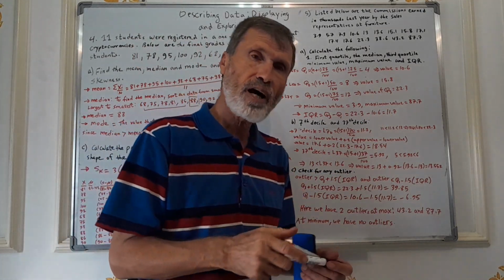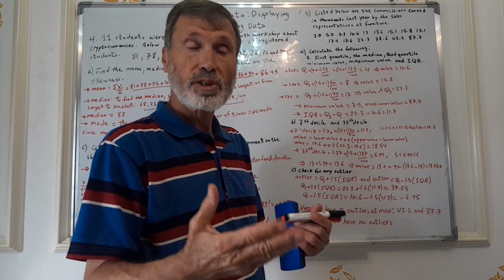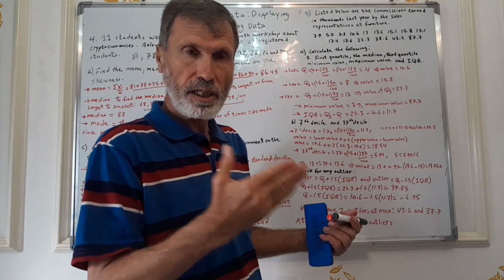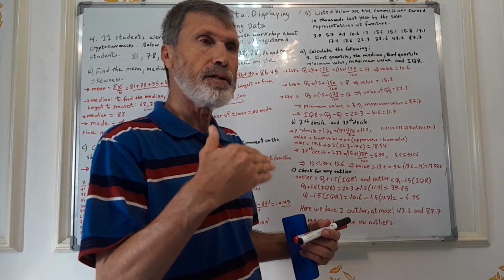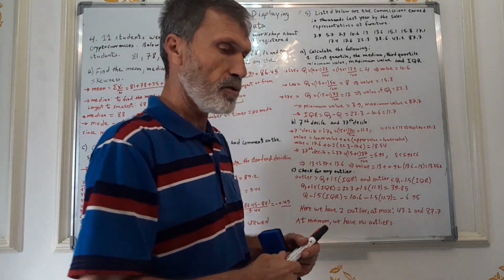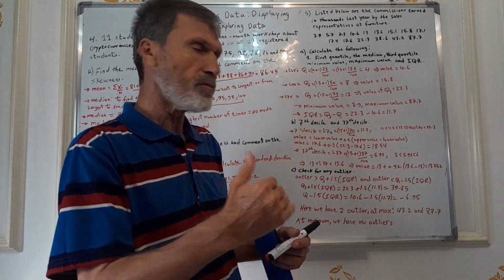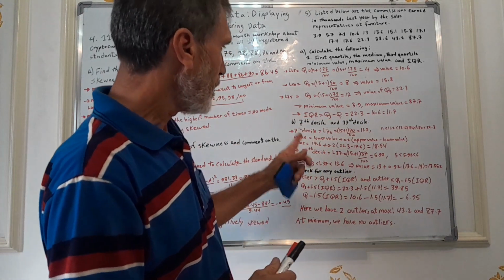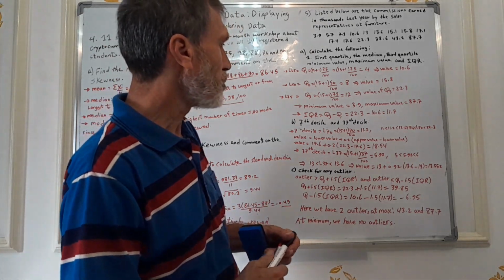We're going to use this value later on when we want to check if we have an outlier, at the maximum or the minimum. Later on, in this question, we'll illustrate how to use the interquartile range.